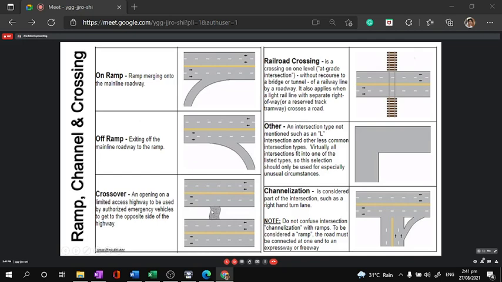Now, a railroad can also be part of a road network, especially if there are rail tracks on the highway. So it's called a railroad crossing. Another type of road is a 90-degree L or 90-degree curve. This is very unusual because it is not a curve, it's really a sharp 90 degrees. It usually happens in elevated areas or rolling terrain, mountains, or from a lower area to an elevated area.